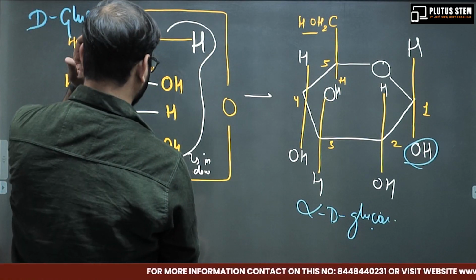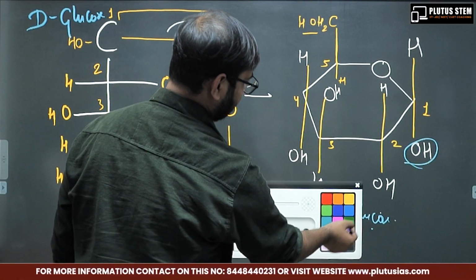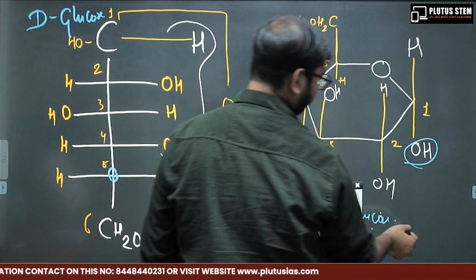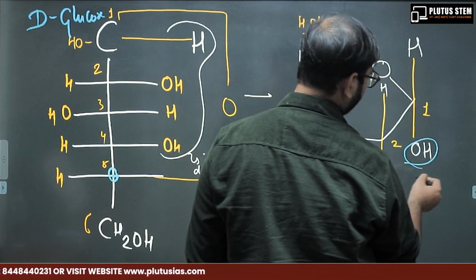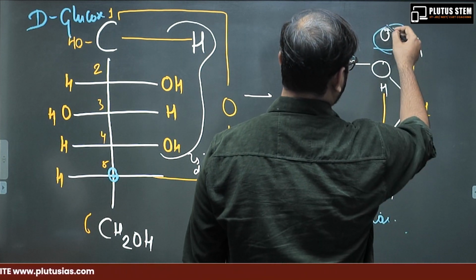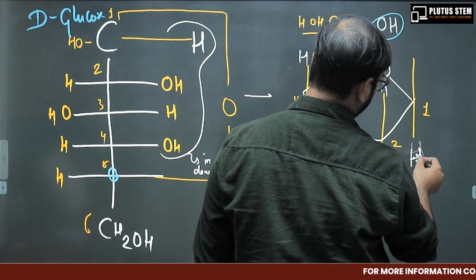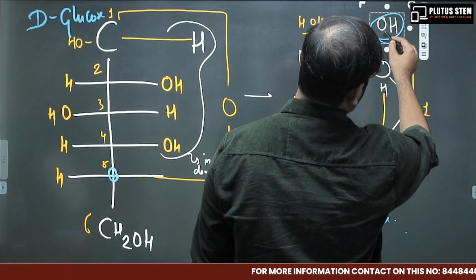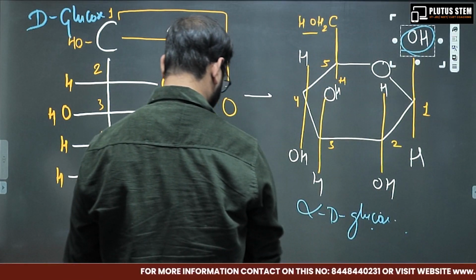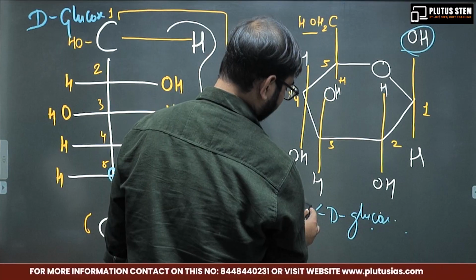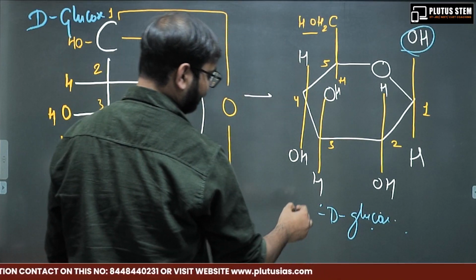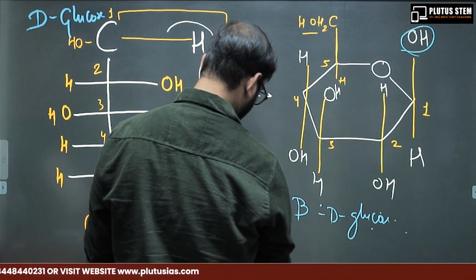So here only the position of hydrogen and OH has changed. So here this OH will now move above the plane of the ring, while this hydrogen will come below the plane of the ring, and rest of the group remains exactly same as they were before. And since the OH is lying outside, it will be called as beta D glucose.